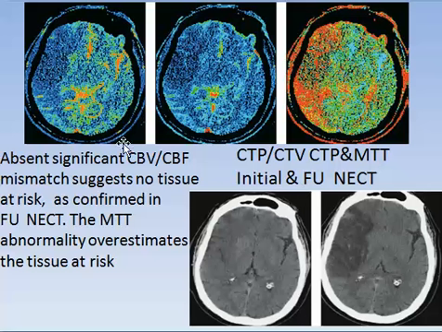Now, if we compare the CT volume and the cerebral blood volume and cerebral blood flow and the MTT, we find that there is no change in the region affected.